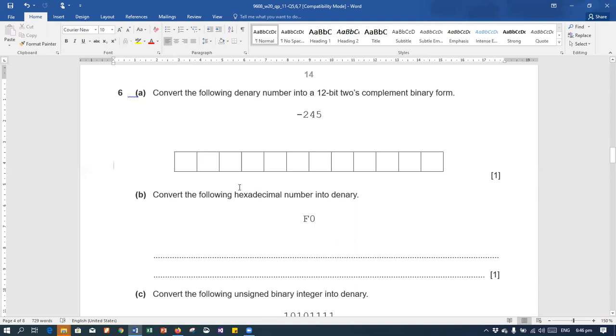Is the answer 1 0 0 1 1 1 1? Okay, just wait. So your answer is what? It says 12-bit, but we use 9 bits out of 12. So it's 1 0 0 ... 1 1 1 1.